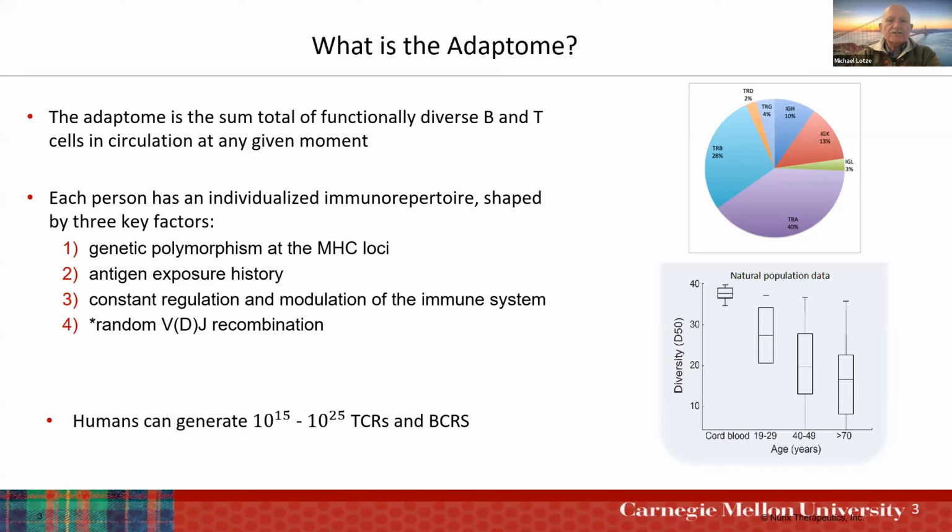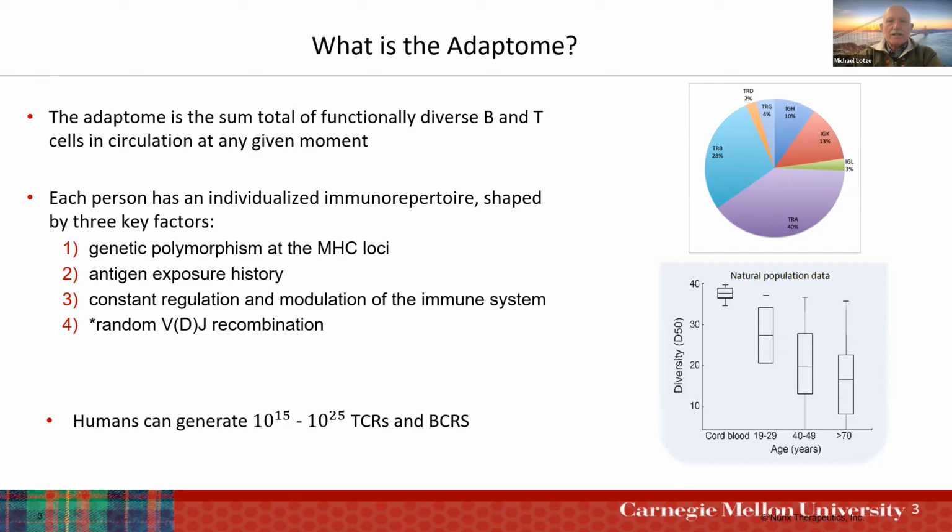Everybody generates in a random way their rearranged T cell receptors and B cell receptors, which are in turn shaped by additional factors, and that includes the Manhattan of the genome, which is the greatest diversity in all of our genomes, which are the major histocompatibility loci on the short arm of chromosome 6.